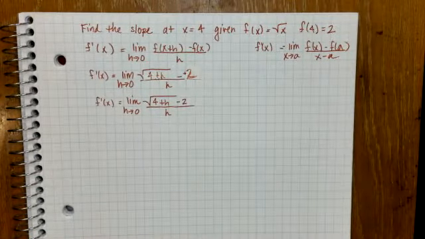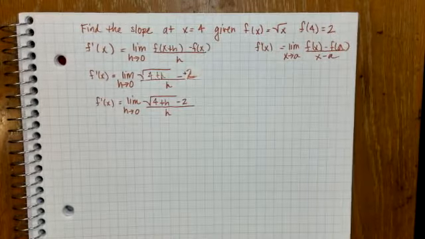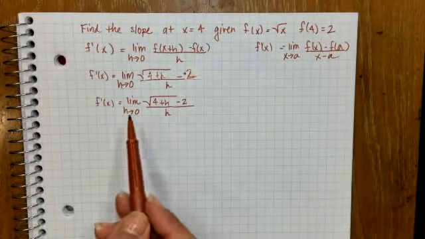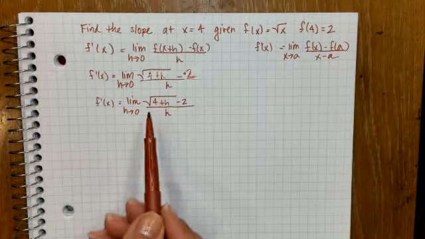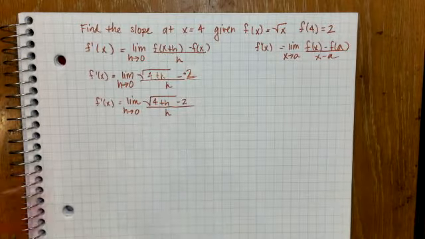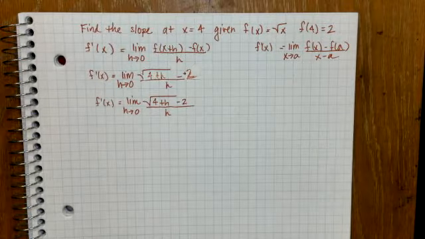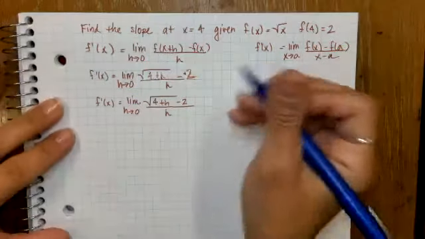Wow, what do I do from here? Because I can't just plug in h is 0. That doesn't work. Nothing reduces. So, for lack of a better word, we are going to reverse rationalize.